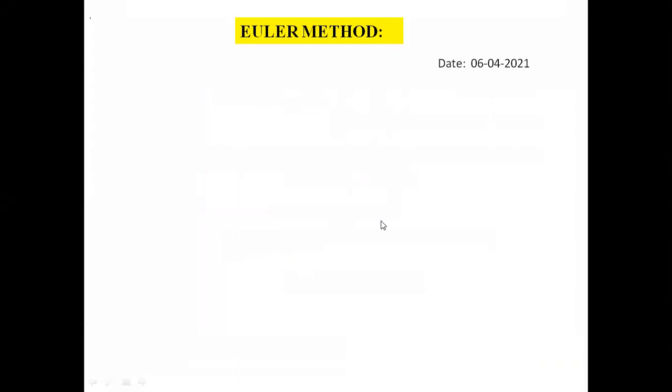We have seen the first method of finding that solution using the Taylor series method, how to write a series for a solution and how to write the solution. And I have just given an introduction to Euler's method to find the solution of an initial value problem. So we shall continue with this method, that is Euler method.